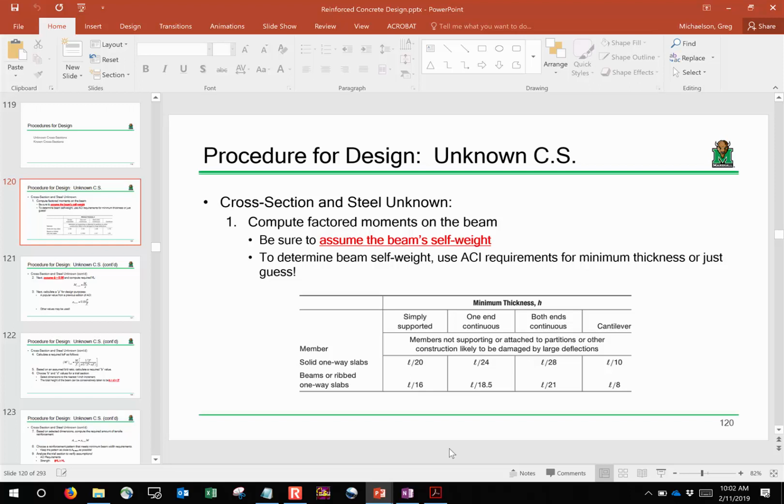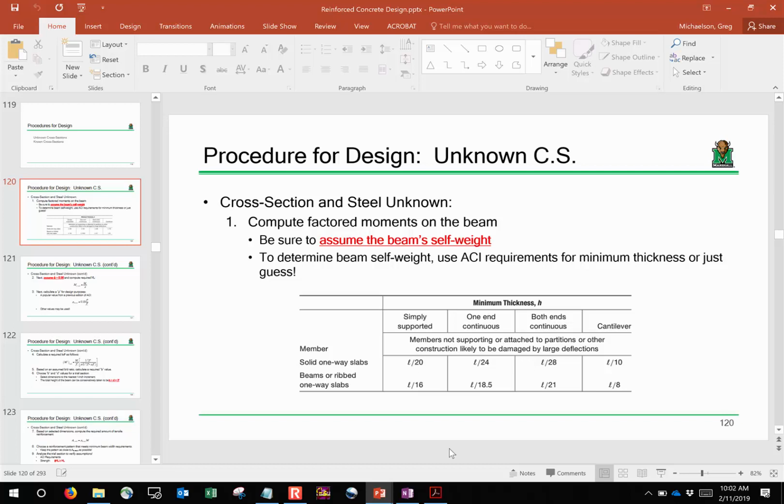This is just a recap of what we talked about on Friday. We're going to start off computing the factored moments, the demand, the load on the beam. In order to do that, we're going to have to make an assumption. We're going to have to assume the self-weight of the beam. The way that we're going to do that is use some ACI limits to compute some minimum dimensions for the beam.